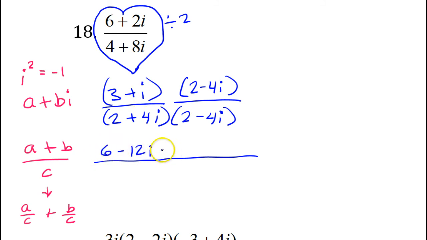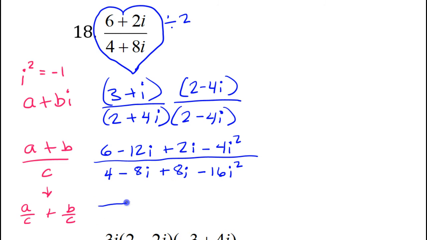If I distribute the i, I'm going to get plus 2i minus 4i squared. In the denominator, if I distribute the 2, I'm going to get 4 minus 8i.